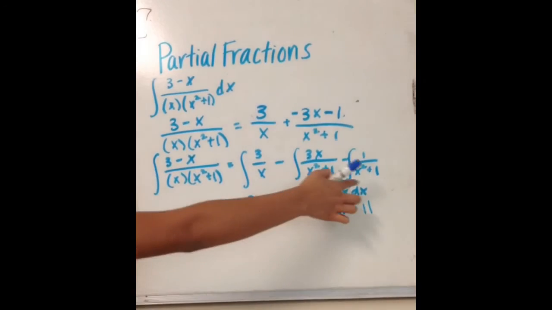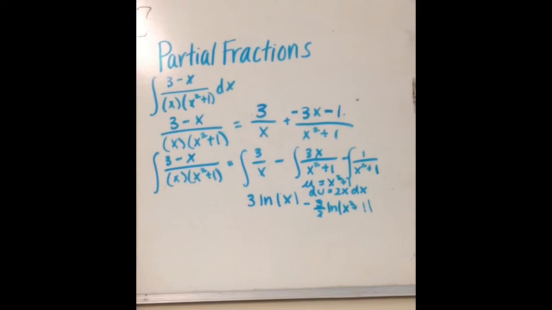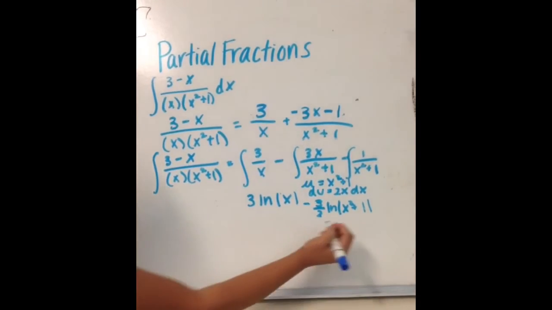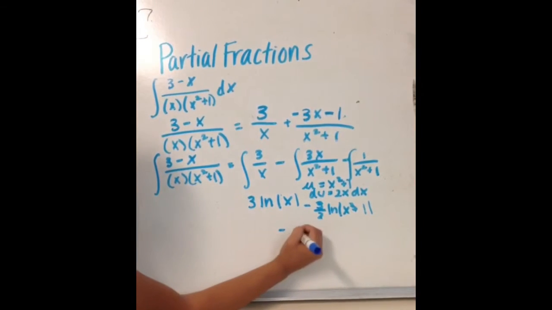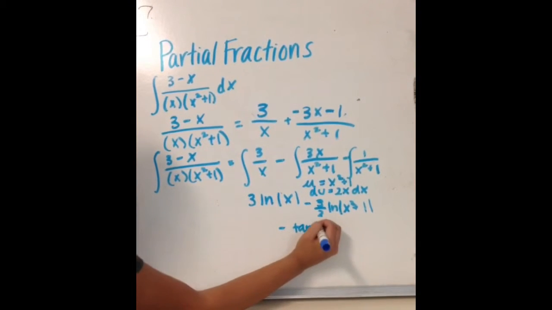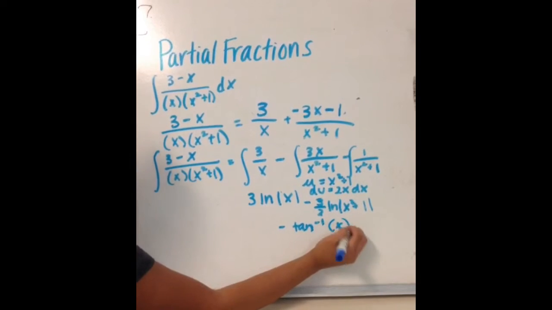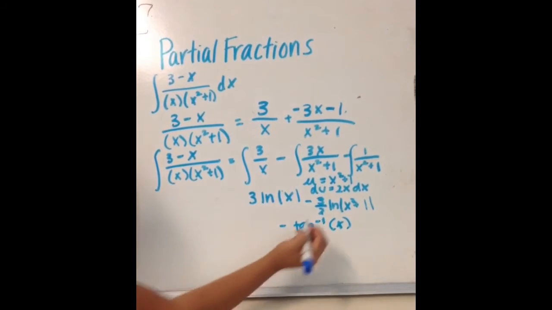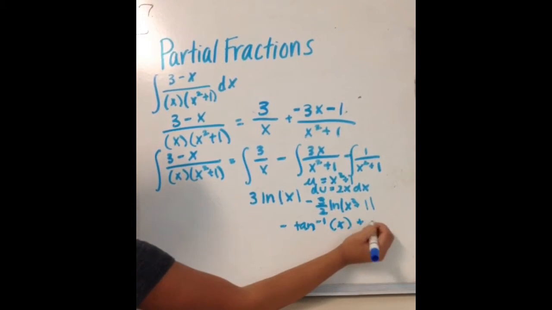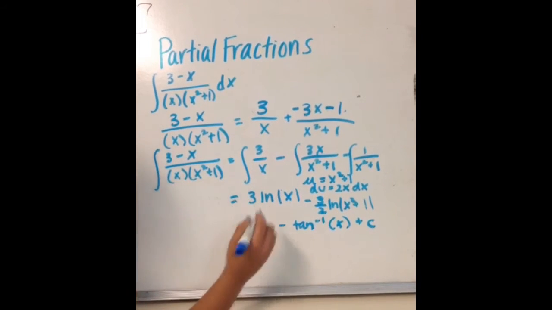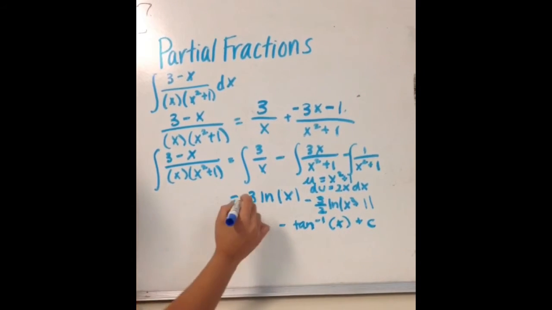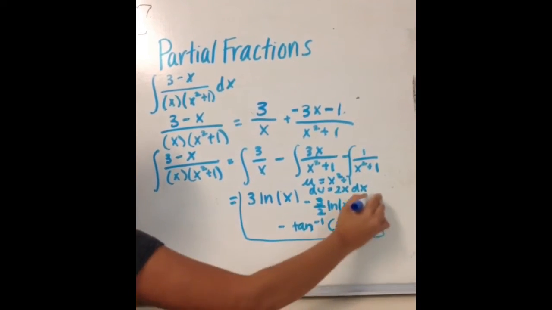And then the last one, if you know your trig identities for integrals, you'll know that it's inverse tan. So it'll be minus tan inverse of x. And we always have to add the plus C because it is an indefinite integral. So the integral of this is equal to this.